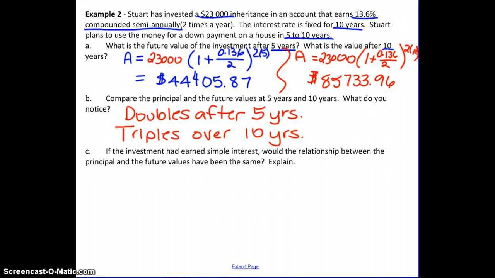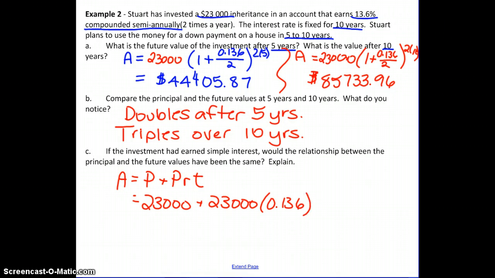So remember that we have a simple interest future value formula that is A equals P plus PRT. So let's say that the principal is going to be the same, 23,000 plus 23,000 times your rate of 13.6% times your time of 5 years.